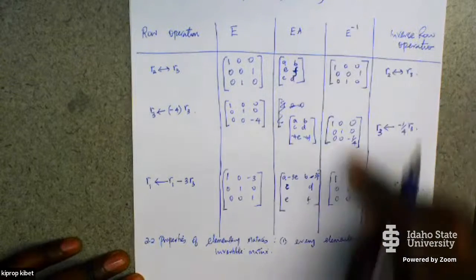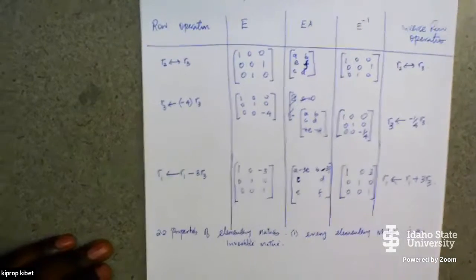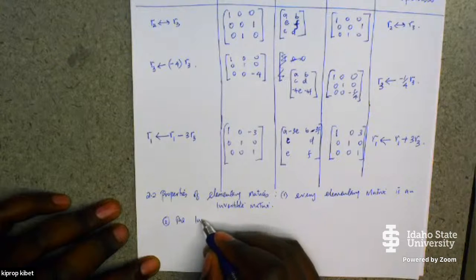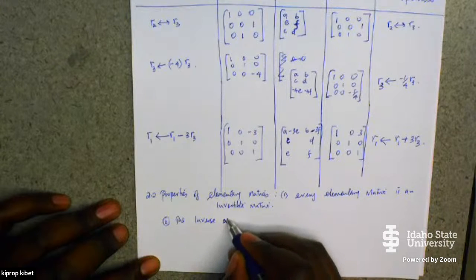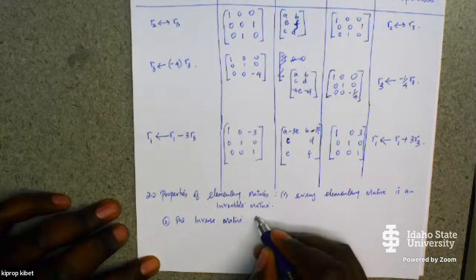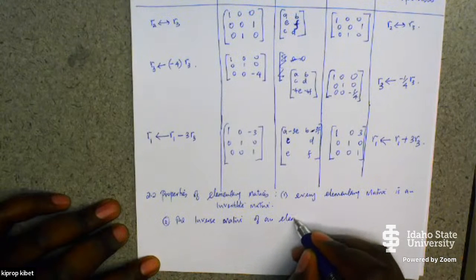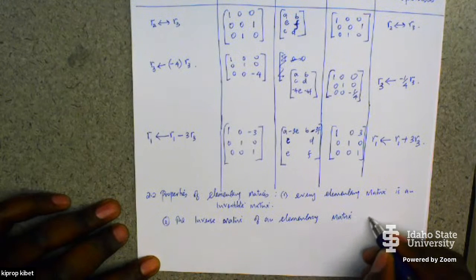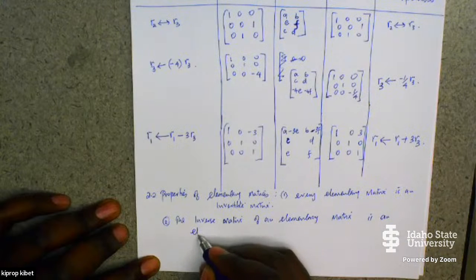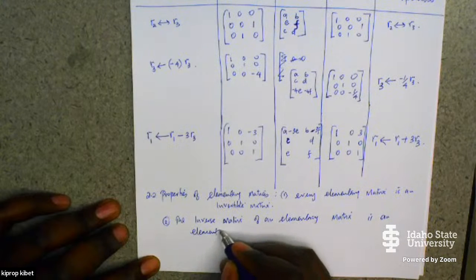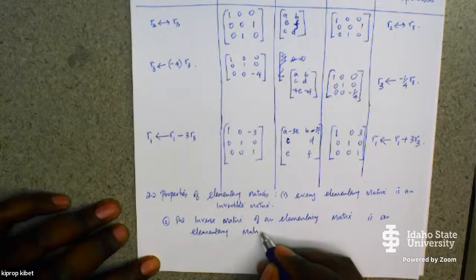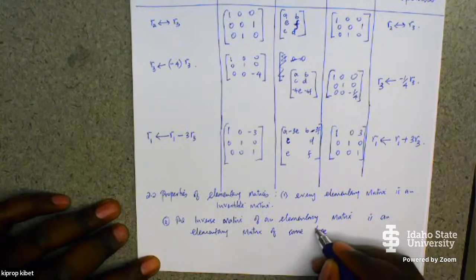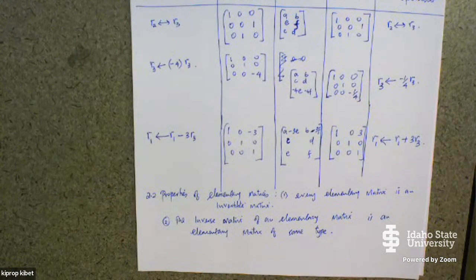As we can see, we can actually get the inverse. Number 2, the inverse matrix of an elementary matrix is an elementary matrix of the same type.